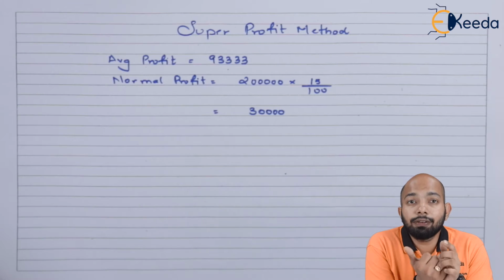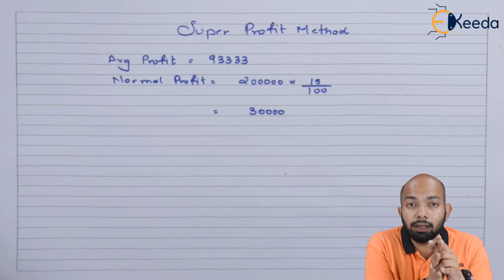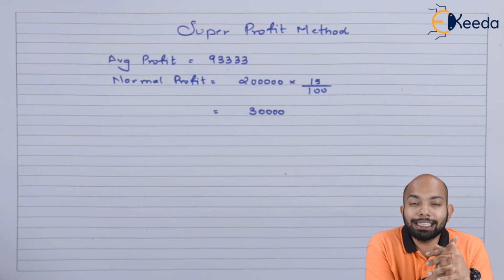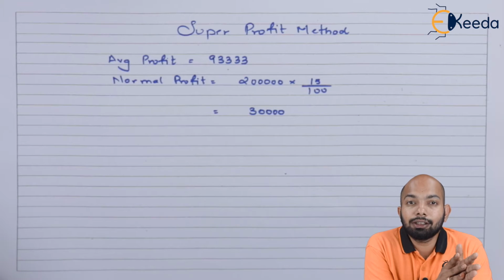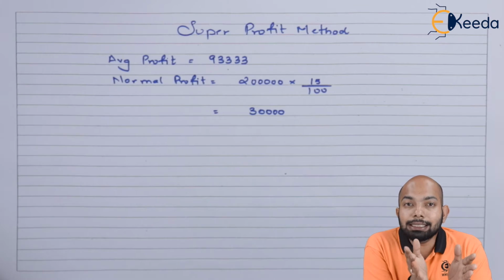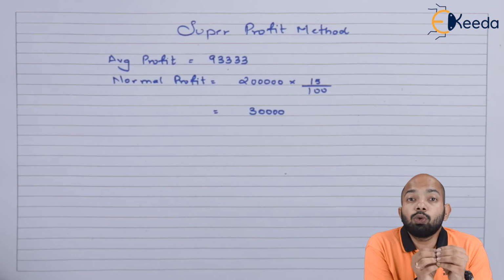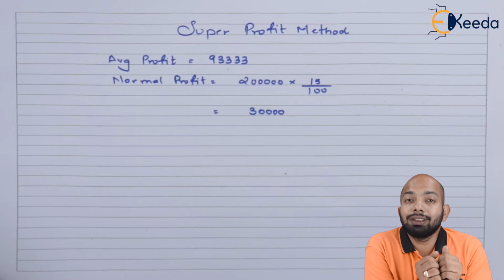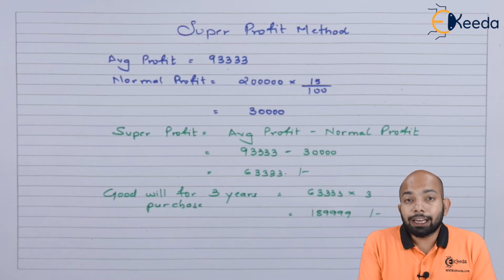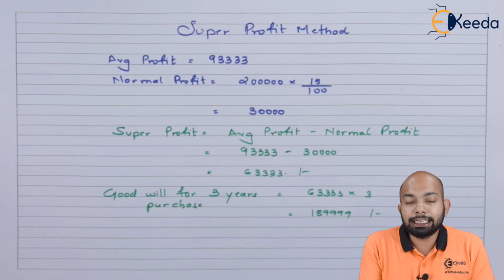So under this illustration, we have calculated the normal profit as 2 lakh multiplied by 15%, which is 30,000, and the average profit being 93,333. So if you subtract 30,000 from 93,333, that is the balance that will be left here, which is known as super profit. According to that itself, we'll go ahead and calculate the goodwill for 3 years purchase. So the goodwill that has been calculated is 1,89,999. So this is the goodwill under super profit method.